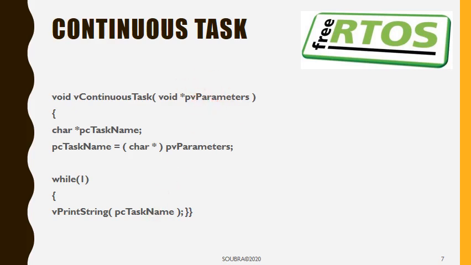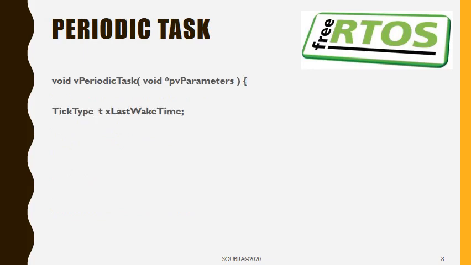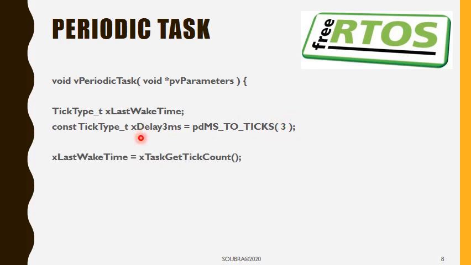So we good. Let's see the body of the periodic task now. So I have a periodic task. Alright, so I need the timestamp, remember. And I need to create my delay of 3. No, it's 10 milliseconds. Alright, so we need to change this into 10. It's not a problem for now. And this is the initial value that I need to set, right, before getting into my perpetual loop.